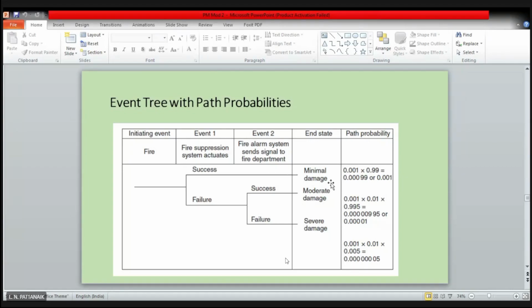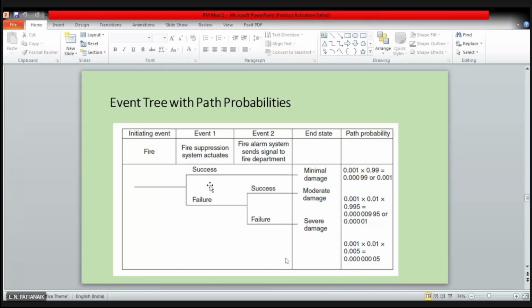Suppose you are interested to know, if you are using this kind of fire extinguishing system in your plant, what is the probability that our plant will have minimal damage? It is simply the multiplication of these probabilities. As you can see, there is some multiplication theory of probability.